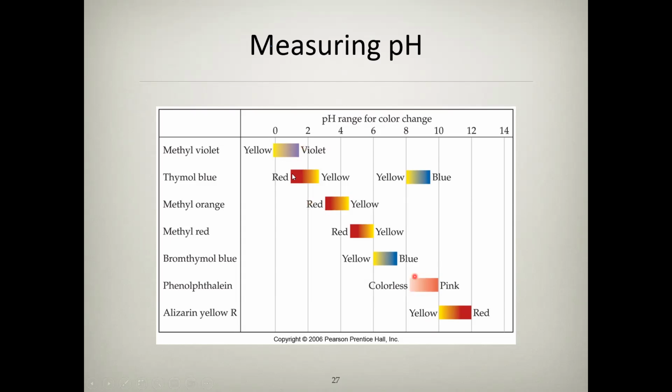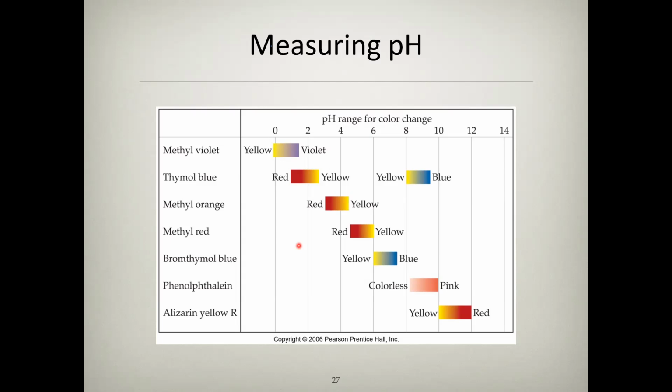So you can see just a few examples here, and then the colors that are listed are just the colors that those solutions are going to be at those pHs, and then it shows where the color change is going to occur. So depending on where we wanted to see a certain pH change, we could use a different indicator. But the way it's going to work is in these different solutions, we're going to have a different amount of hydrogen ions.